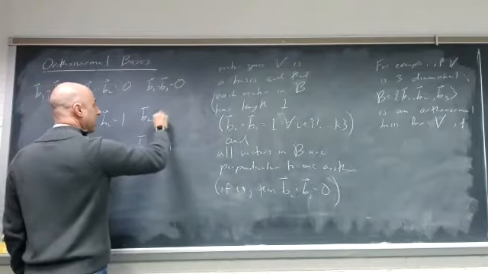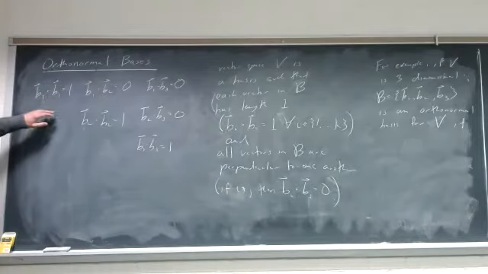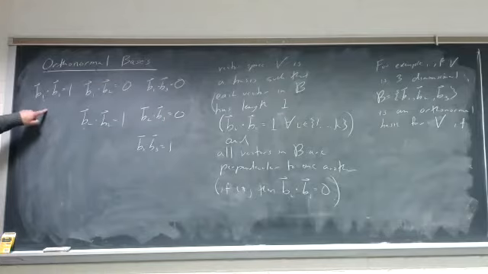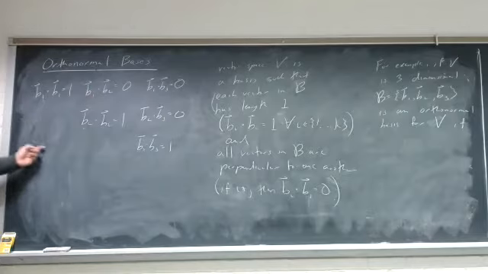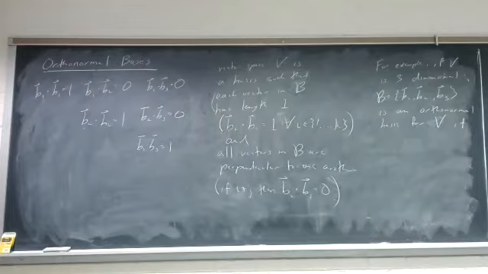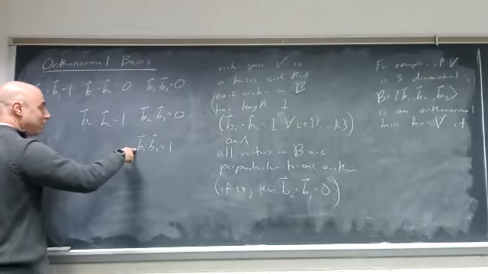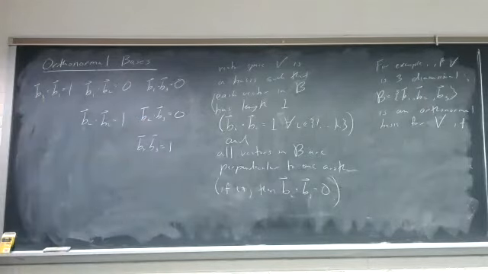B2 dot B3 is 0. I could just as easily put B2 dot B1 is 0, but B1 dot B2 is the same as B2 dot B1, so it's not necessary to write these down here. So these say that all vectors B1, B2, B3 have length 1, and these say that they're all perpendicular.